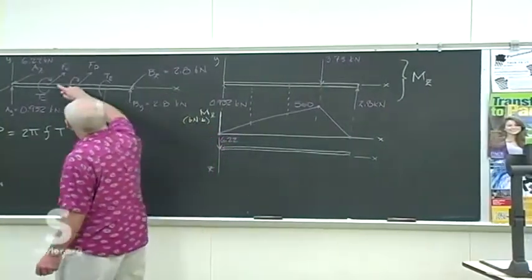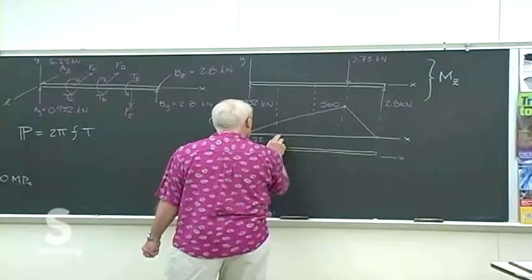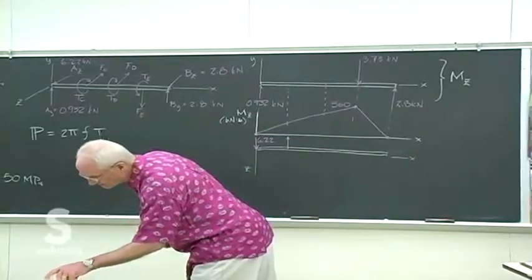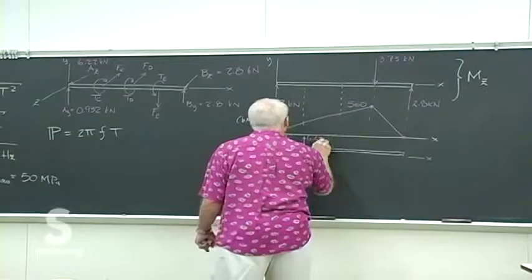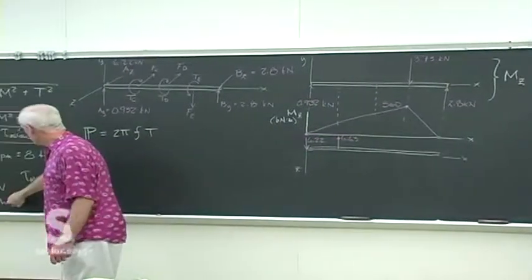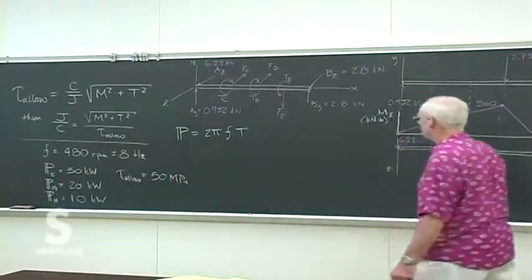We see FC due to the takeoff, and that's 6.63. And remember, that comes from the power takeoff, 10 kilowatts at that frequency, and then that'll allow us to get the force there.